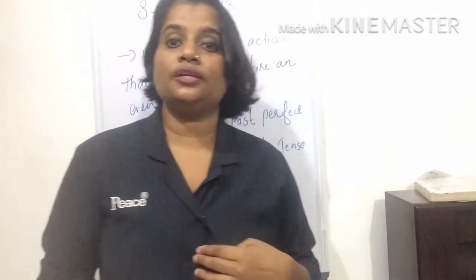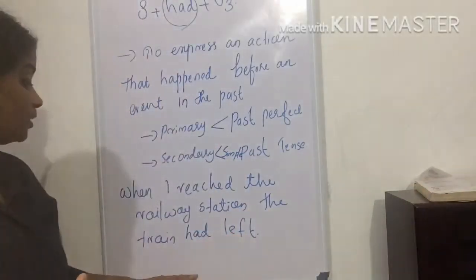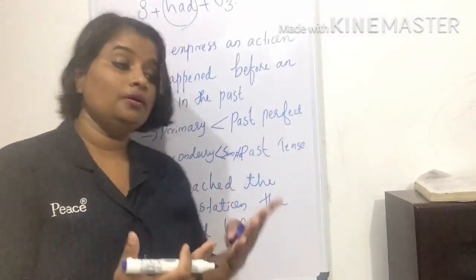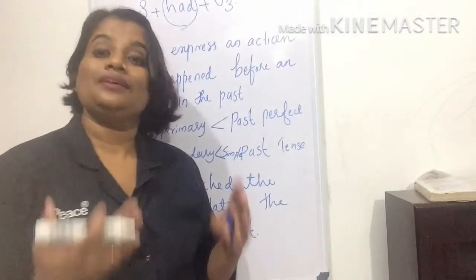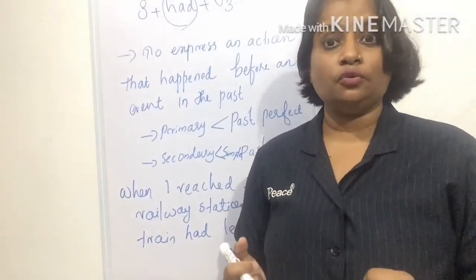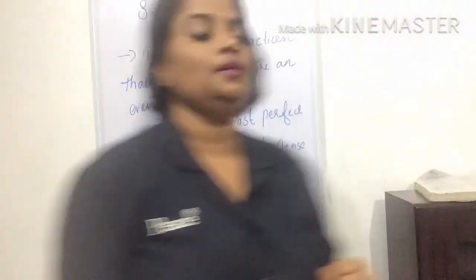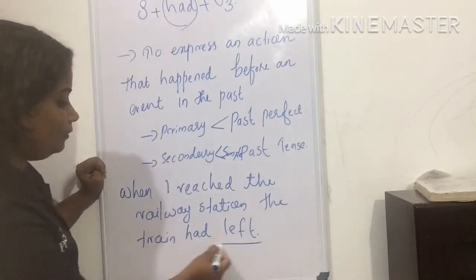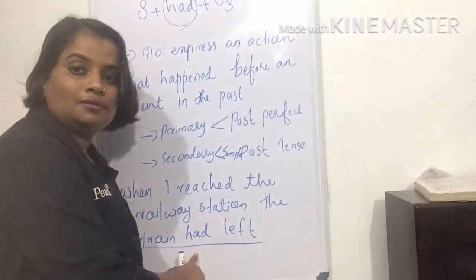Which is the first action in it? Whether the children had left or the train had left, or whether the teacher reached the classroom or I reached the railway station. Yes, the primary action. It is very easy to find out which is the primary action. Look at the structure: subject had plus V3. Train had left, because this is the first action.